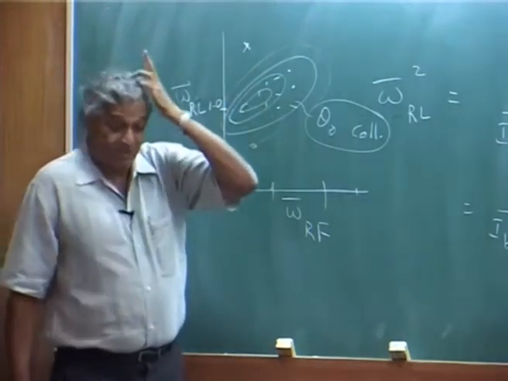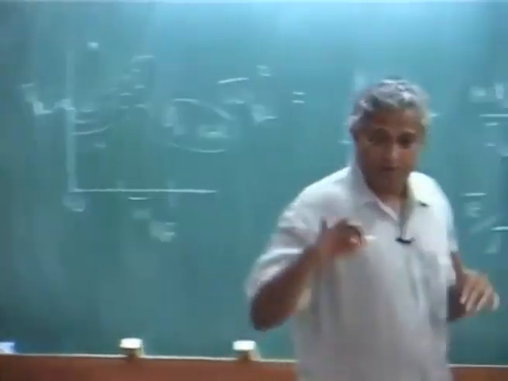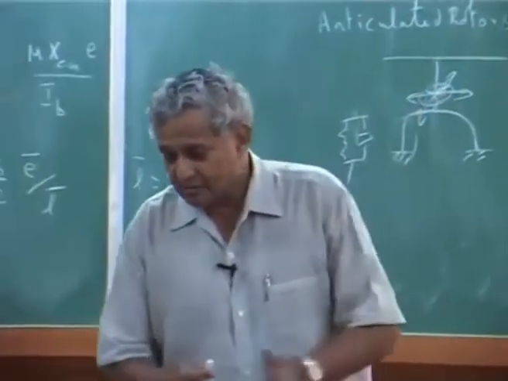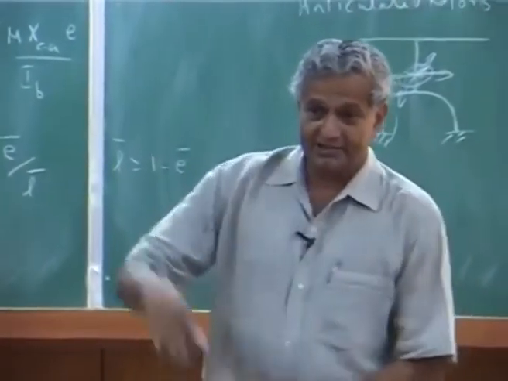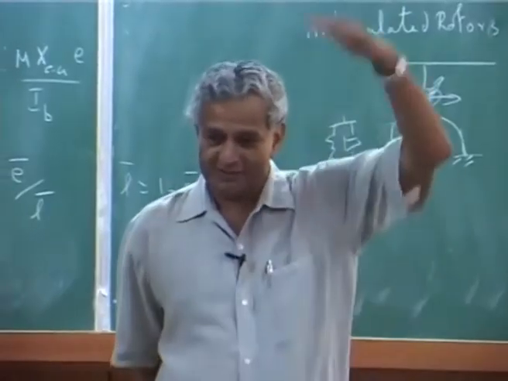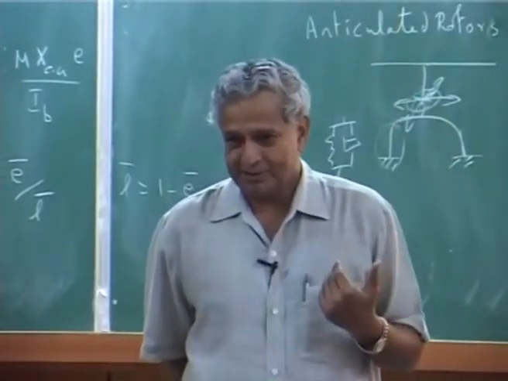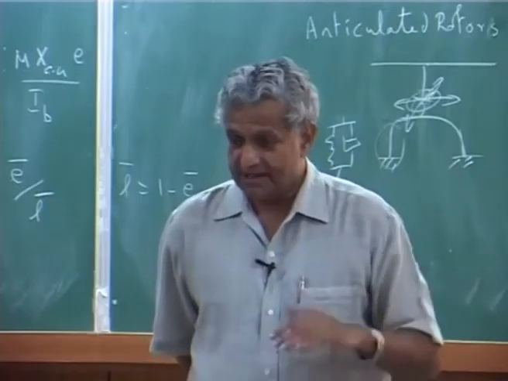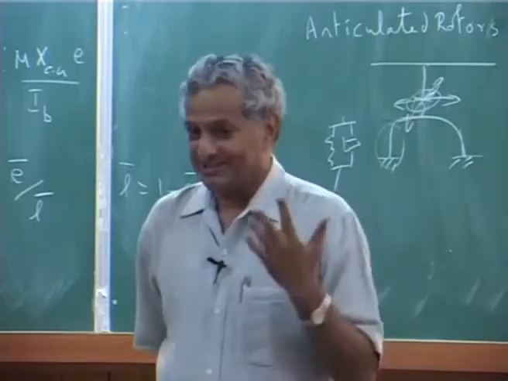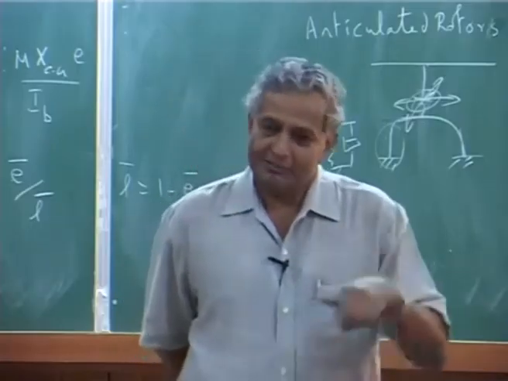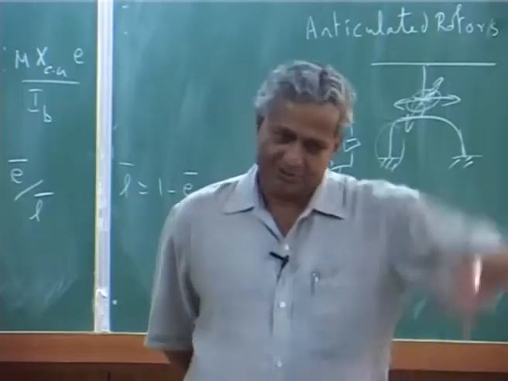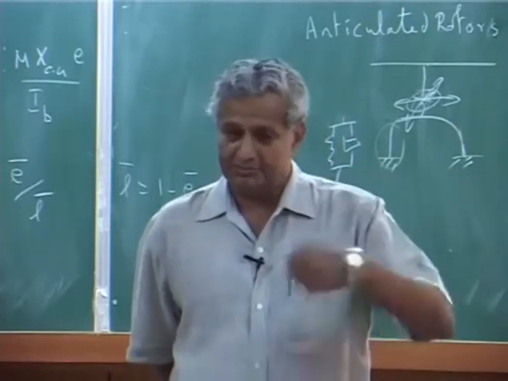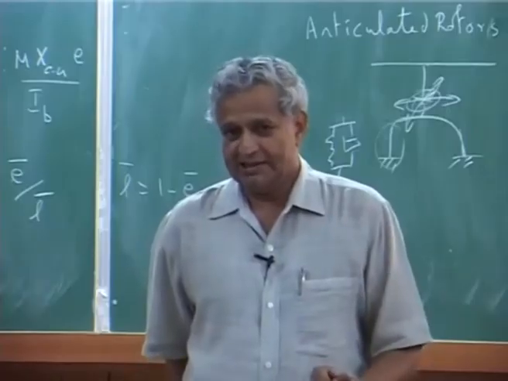Because the question is, this is all done in hover condition, all these calculations. Now, suppose you say I am going to do it in sideward flight or a climb flight or a descent flight, various types of flight conditions, okay. Usually heavily loaded rotor, please note, heavily loaded rotor, the damping is high normally because the rotor thrust is large, but the lead lag damping you do not know, flap damping is high usually.